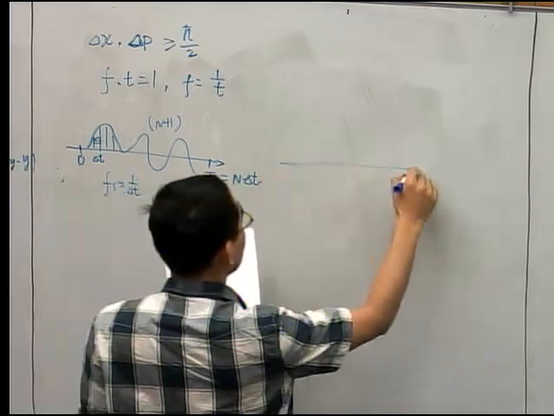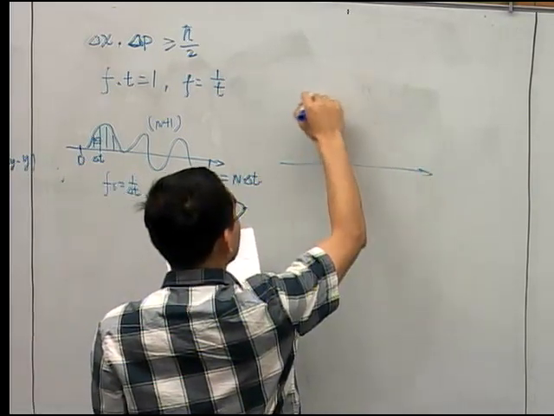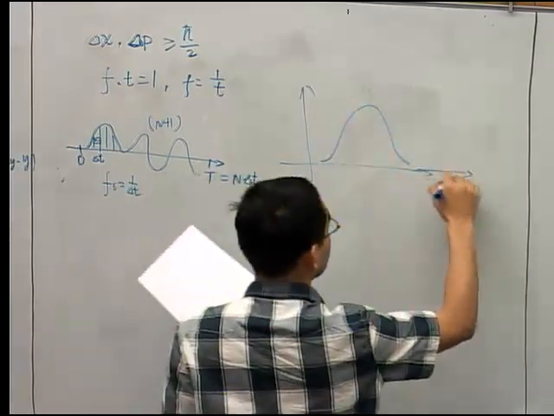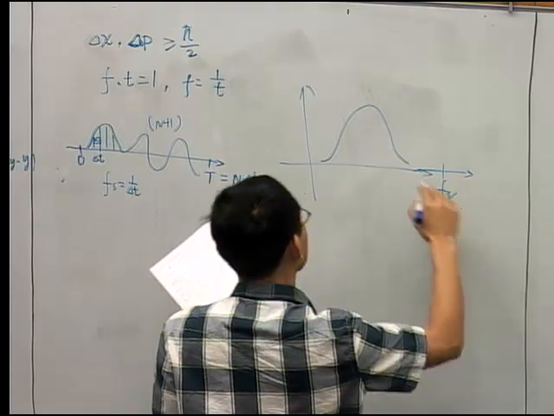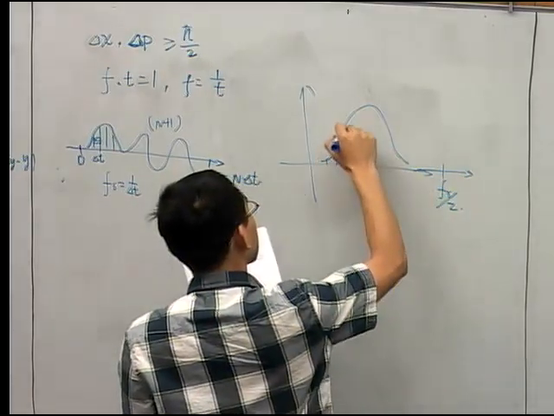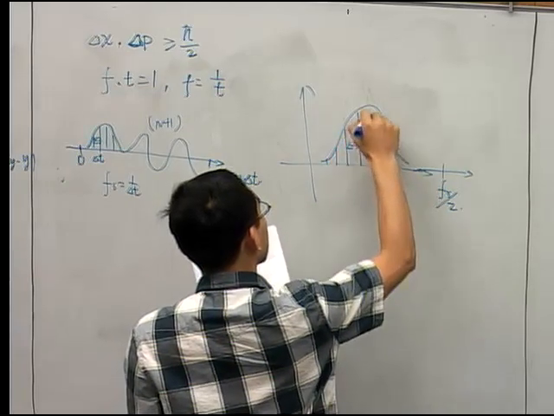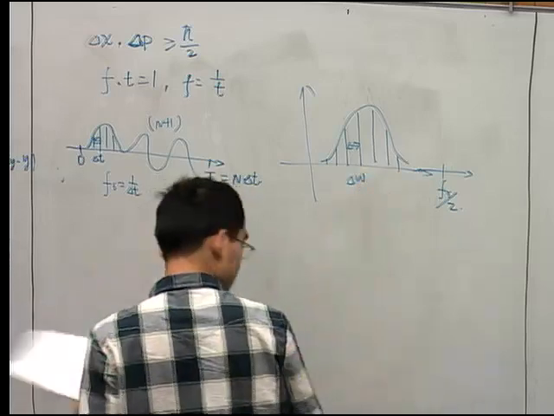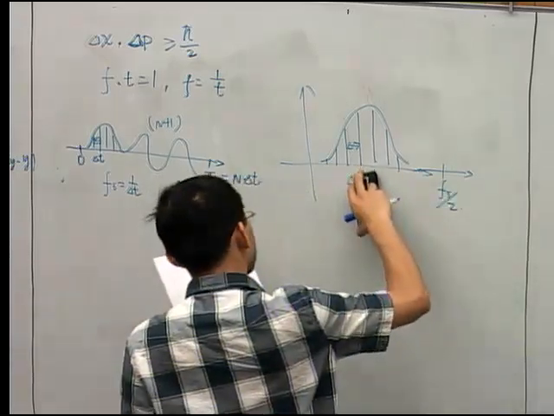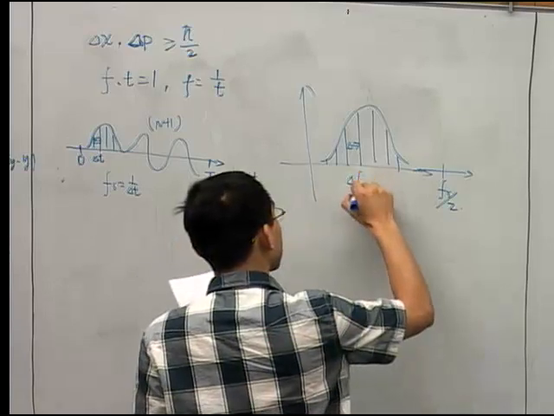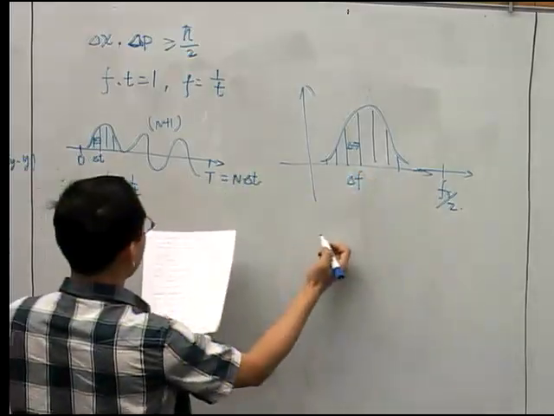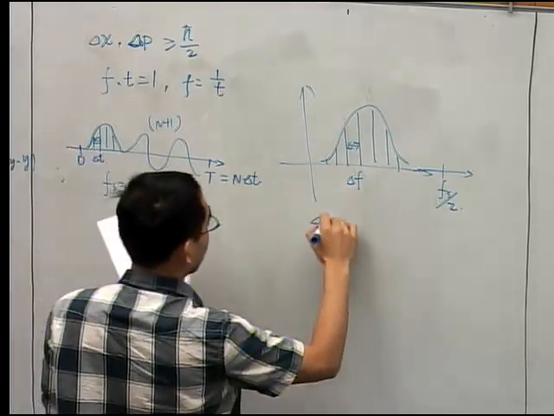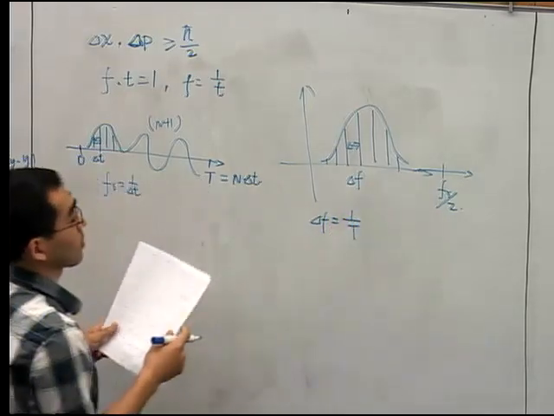In the frequency domain, you probably have, let's see, this is a half. I know that delta f is equal to 1 over t, right?